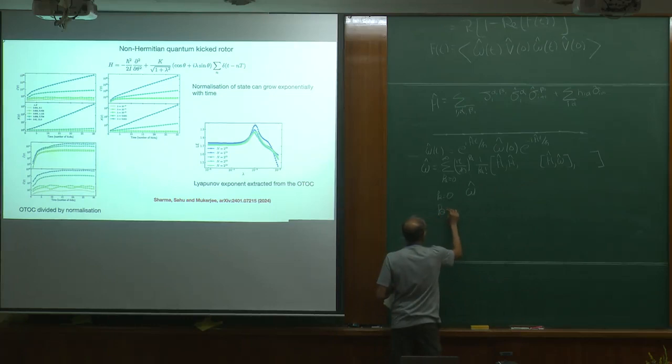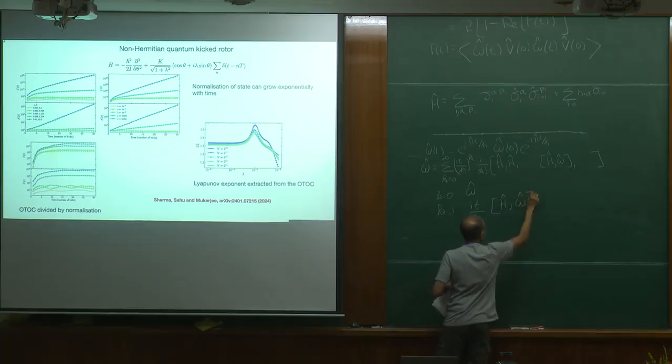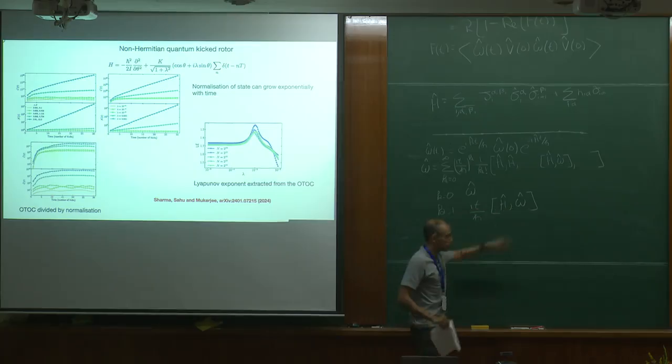The k equal to 1 term here is going to be iT by H bar times the commutator of the Hamiltonian and W hat.